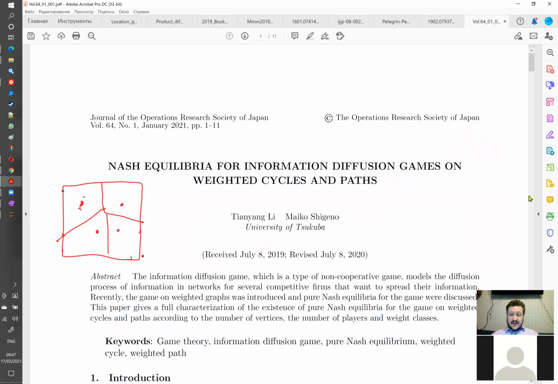We will have the same picture if we consider these places not as spots where customers go, but as an information source.